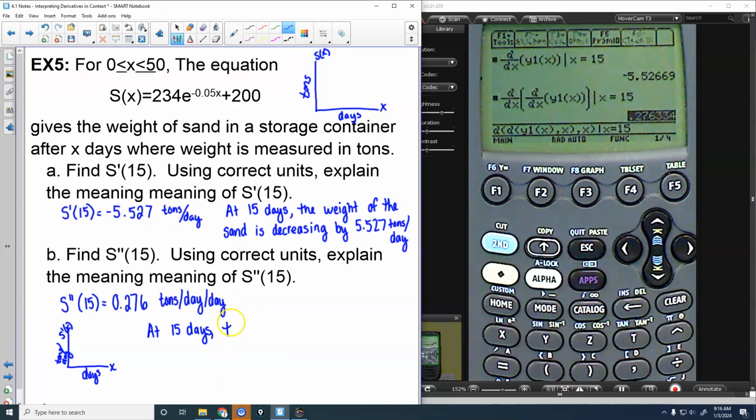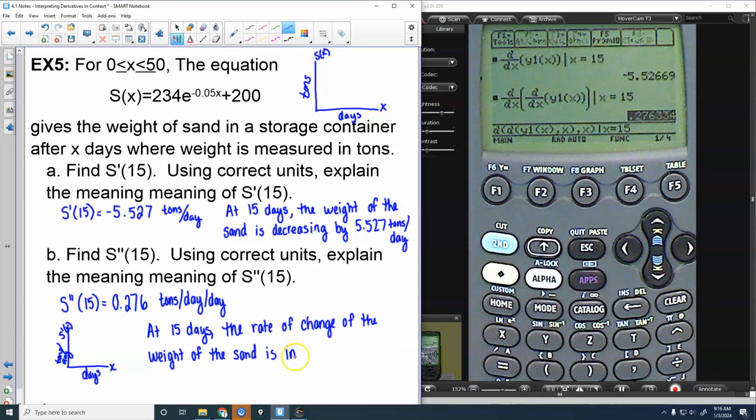So the rate of change of the weight of the sand is, are we increasing or decreasing here?